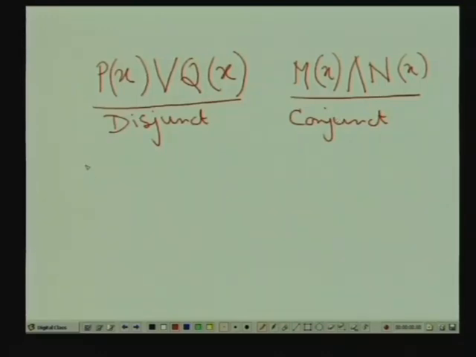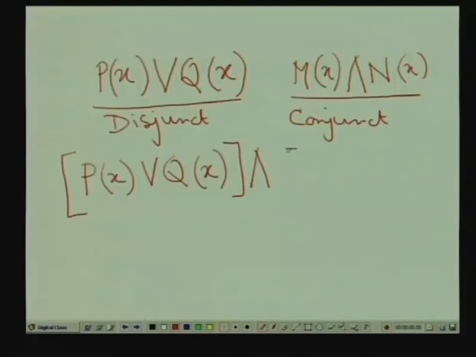So, I can say that Px or Qx, if I have a form, and Mx or Nx, and say Ry or Gz.